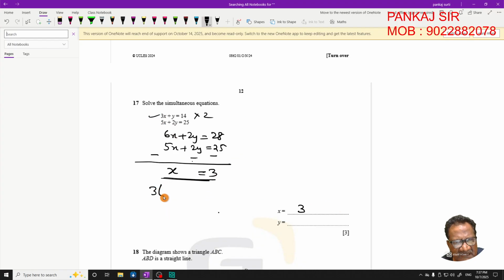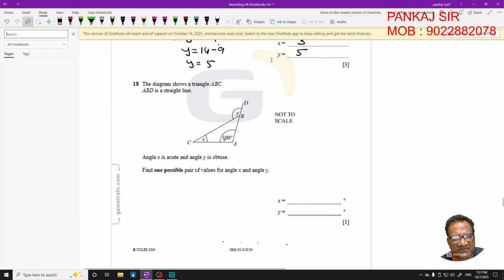So it will be 3 times 3 plus y equal to 14, isn't it? So this will be 9 plus y equal to 14. So y will be equal to 14 minus 9, which is nothing but y equal to 5. Got it? That was question number 17.